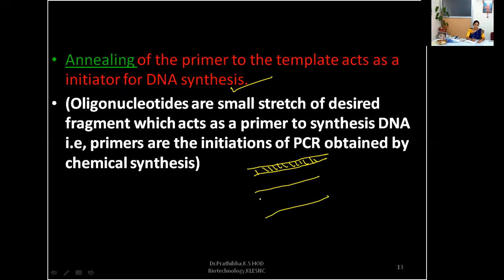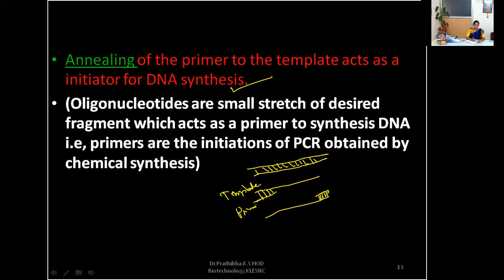To this template DNA, the single stranded primers go and attach. That attaching or sealing of the primers to the template is known as annealing. This is the primer and this is the template region, a short stretch of DNA molecule.